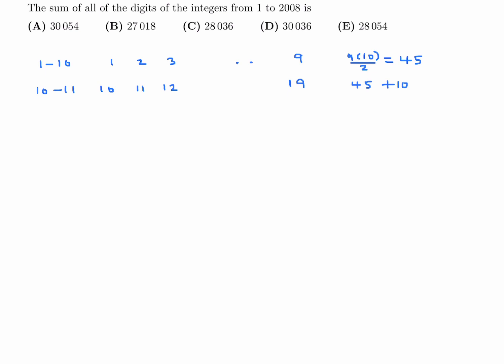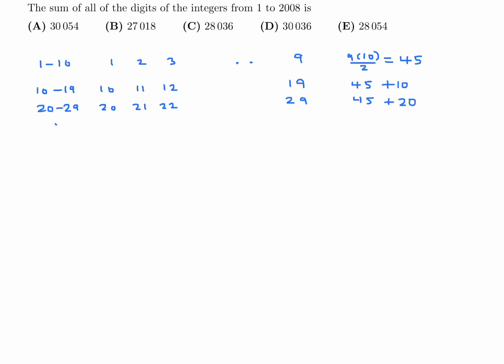Similarly, if you go from 20 to 29, let's see what the pattern is. It'll be 20, 21, 22, all the way up until 29. Again, if you look at just the units digits, that will add up to 45. And if you look at the tens digits, those are all 2s, and there's 10 of them, so it would be 2 times 10, which is 20.